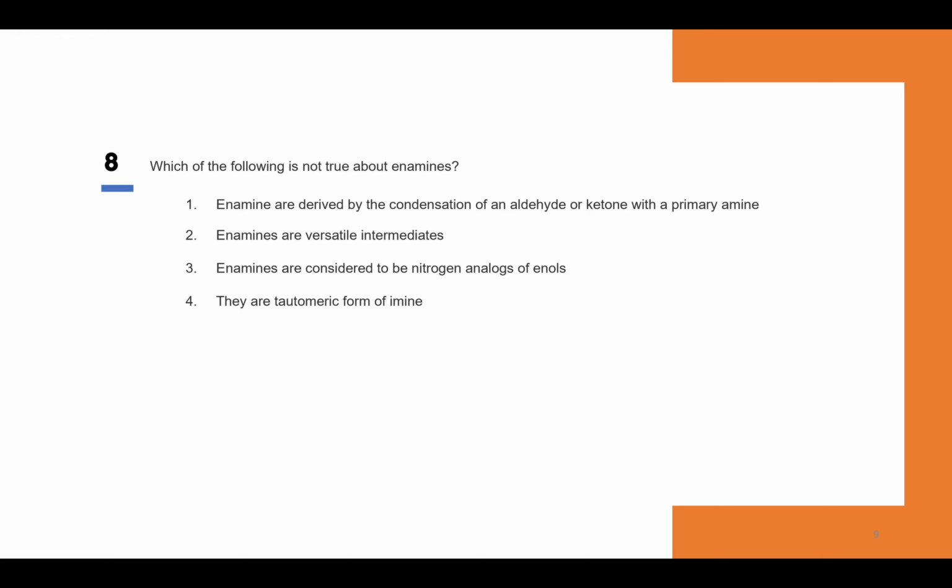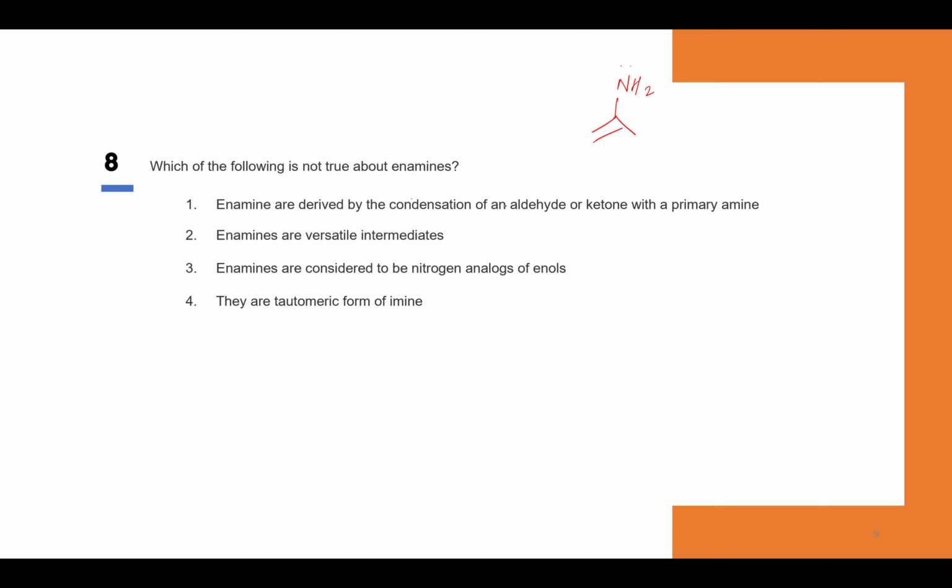What is enamine? En means alkene or double bond. Double bond will be there. En right means, right? So enamine is like this. Okay. So this is enamine. So we have to find out the correct option for enamine.